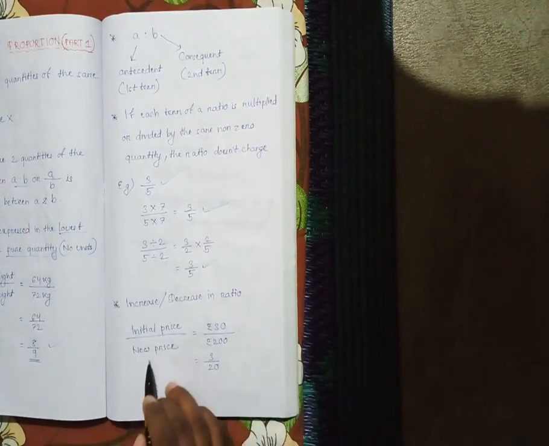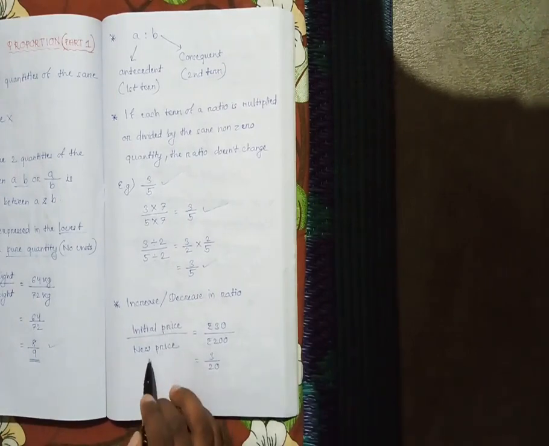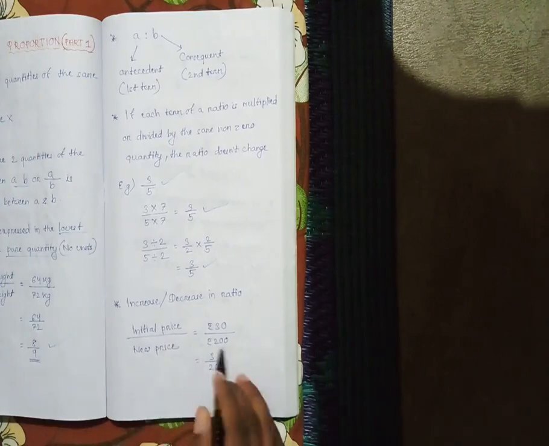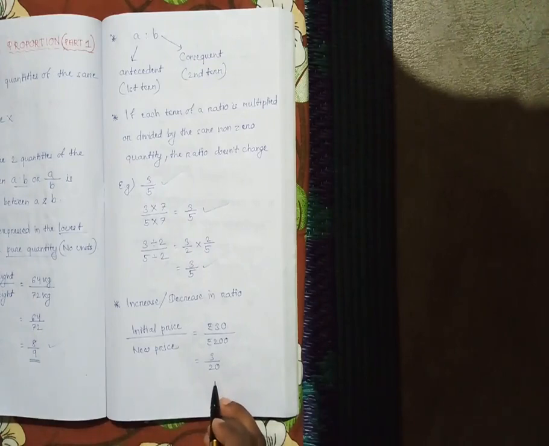So initial price of broiler chicken by new price, the present price, is equal to rupees 30 by rupees 200, which is equal to 3 by 20. So as you can see, the price has increased. So in this case we say the price of chicken has increased in the ratio 3 by 20 or 3 is to 20. You have to compare the numerator and the denominator. If denominator is greater than numerator, then the value has increased.